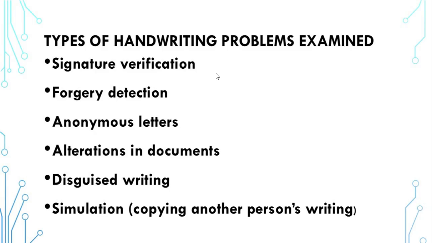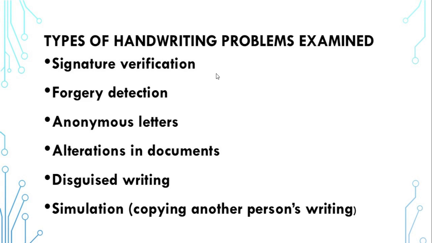We examine signature verification to verify whether a signature is genuine or forged. We use handwriting analysis to solve some kind of problem. Forgery detection, to detect forgery. So we use handwriting knowledge to do that.